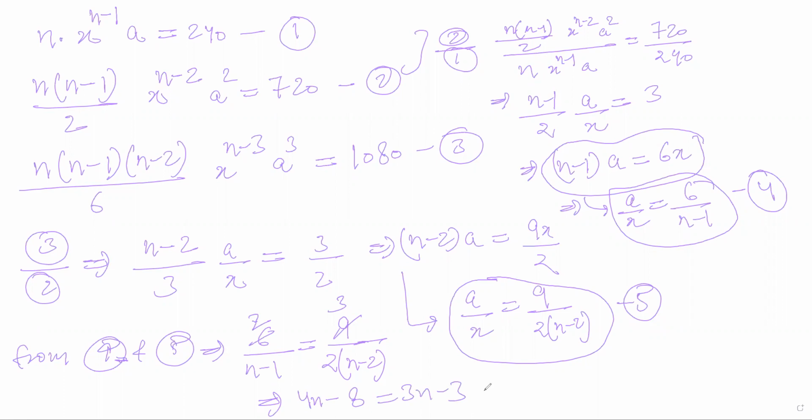So n would be 5. Now you can find out a and x as well. I'm not interested in this calculation.